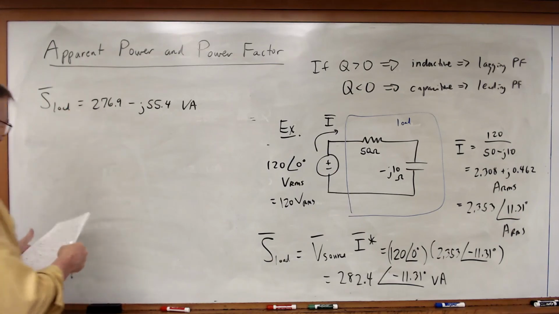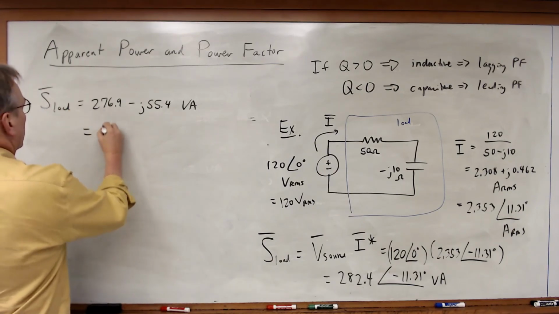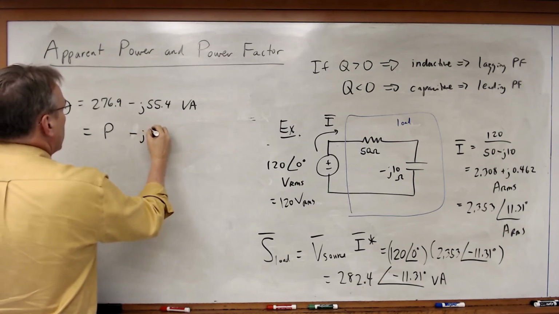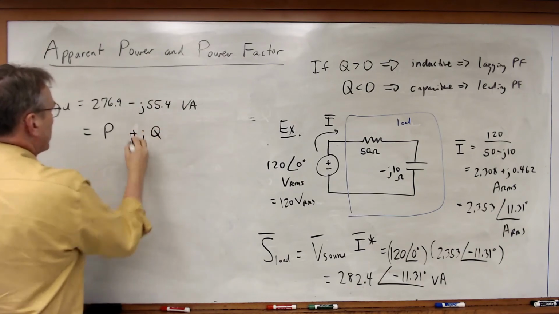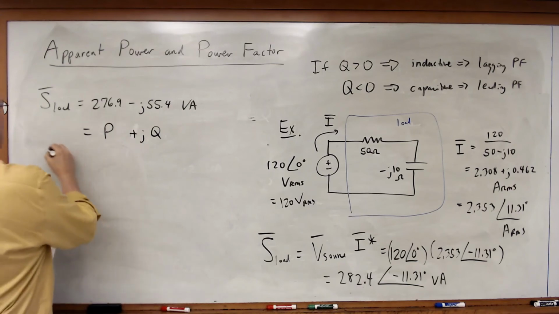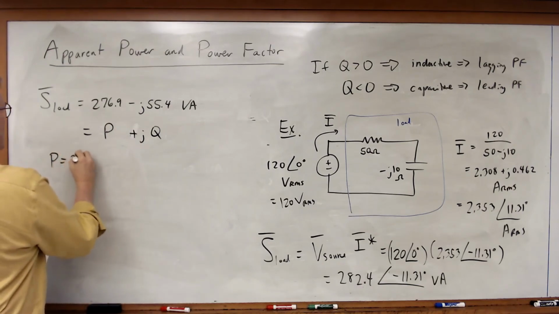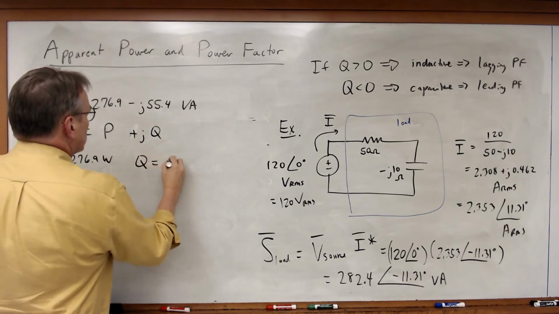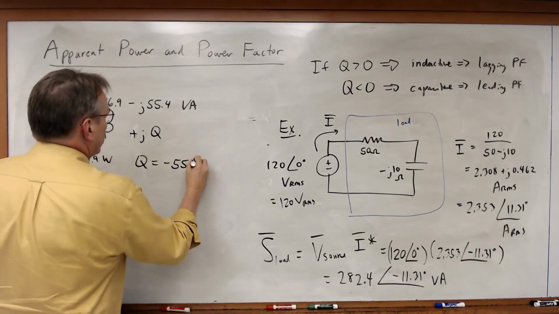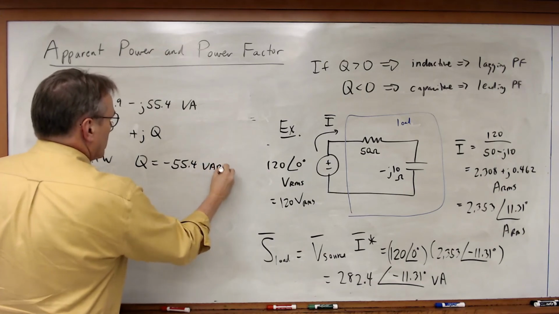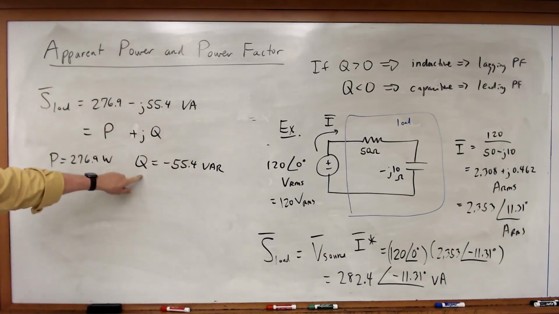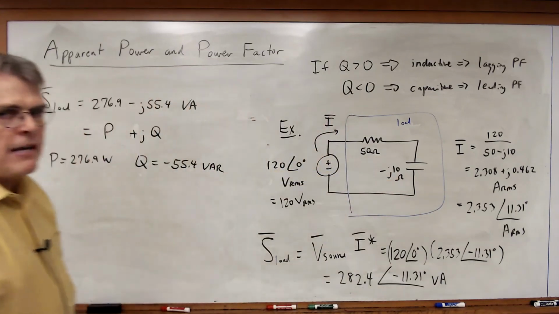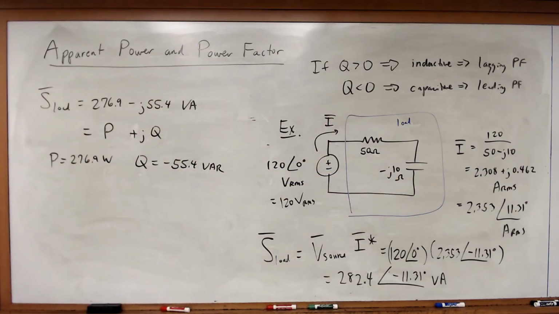There is my real power. Here is my reactive power. So in this case, P is equal to 276.9 watts. Q is equal to minus 55.4 vars. Makes perfect sense. That is a capacitor. It's going to have negative vars, not positive vars.